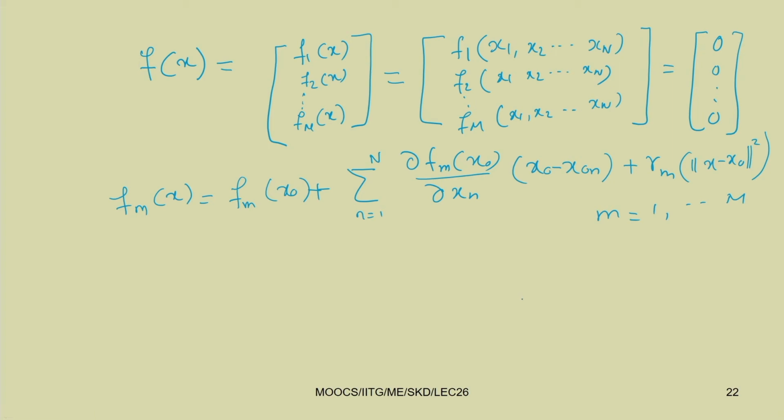Here m is the number of equations and n is the number of variables, and we are writing x 0 equal to x 0 1, x 0 2 up to x 0 n. These are the initial conditions we have taken for x 0, and we write it as a transpose.